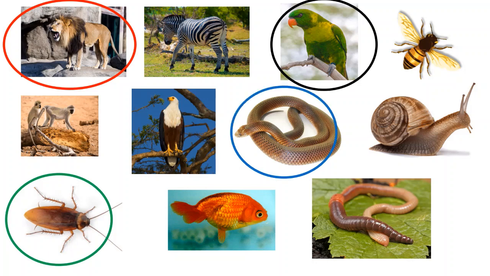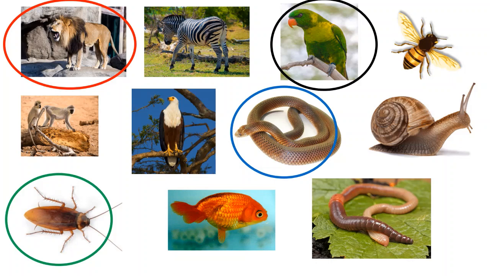Yes, it's a snake. Do snake have legs, children? No. Very good. So, children, in this picture, we can observe that there are few animals that have 2 legs, 4 legs, and 6 legs. And also few animals have no legs at all.